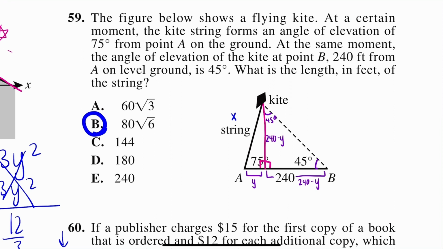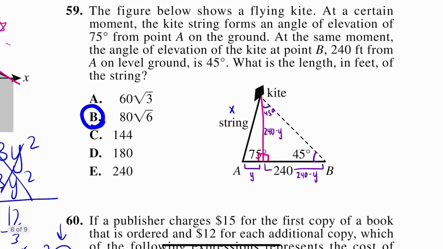Okay? So let's figure out what y is just looking at this triangle. I'm given that this angle is 75. So from this angle, I have the opposite and the adjacent legs. In SOHCAHTOA, opposite and adjacent, you want to use tangent.